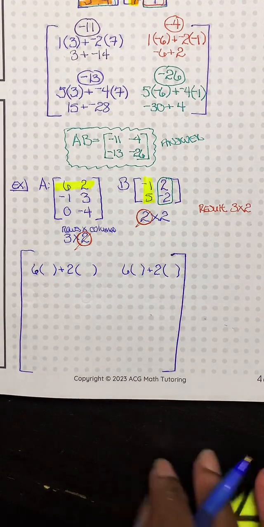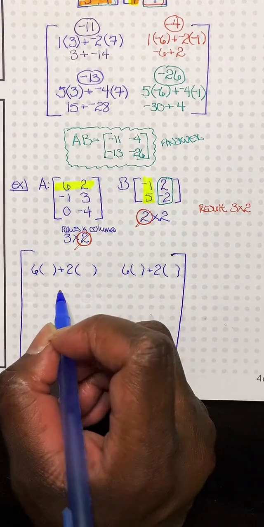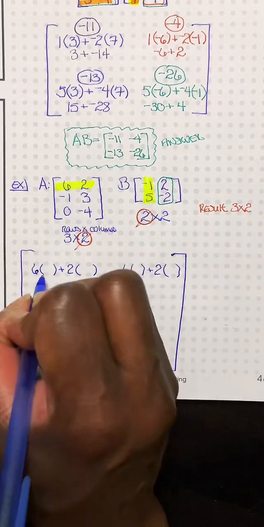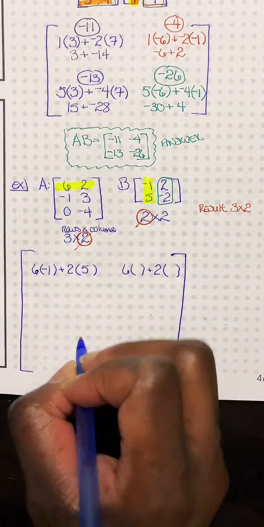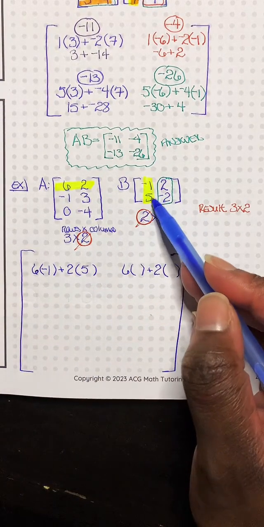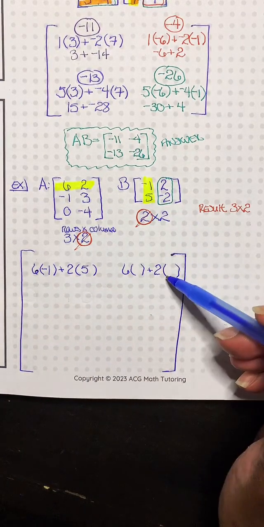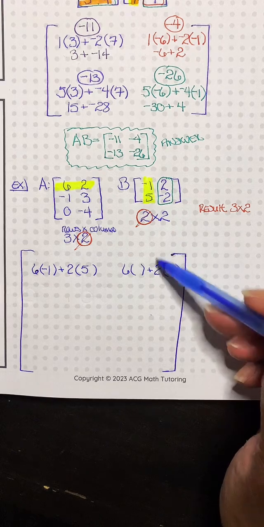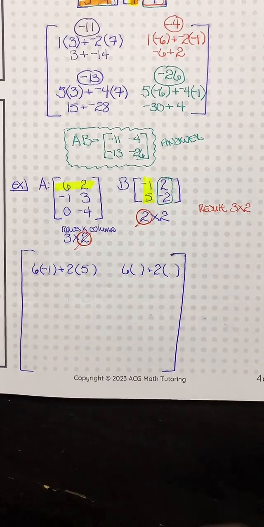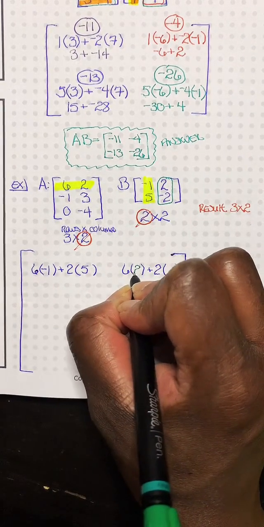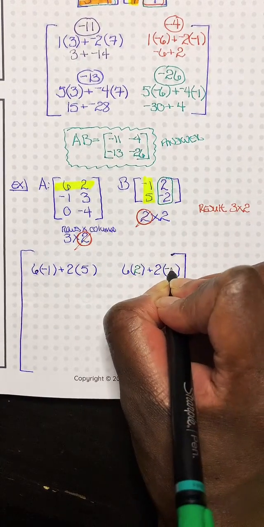So here we're going to have -1 and 5, because that's the first column. The second column is over here, which gives us 2 and -2.